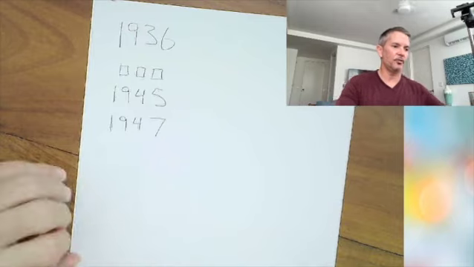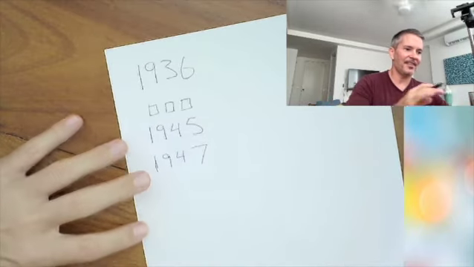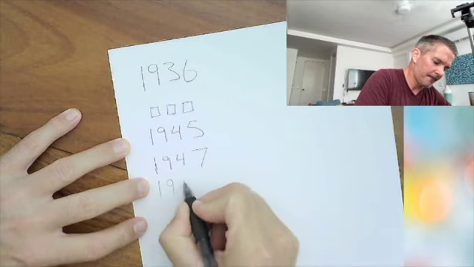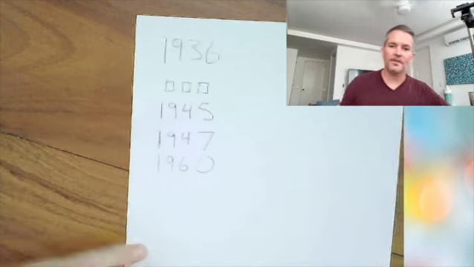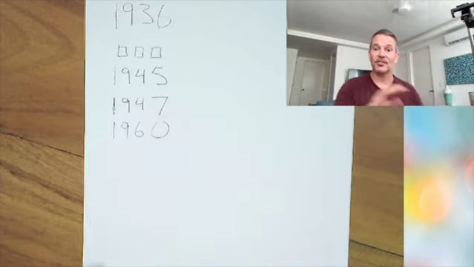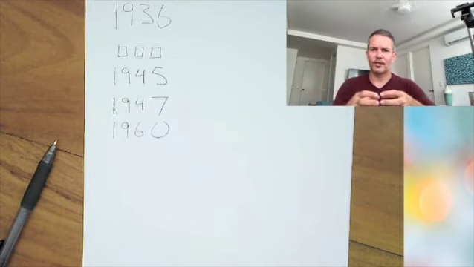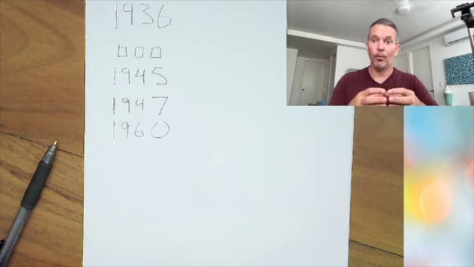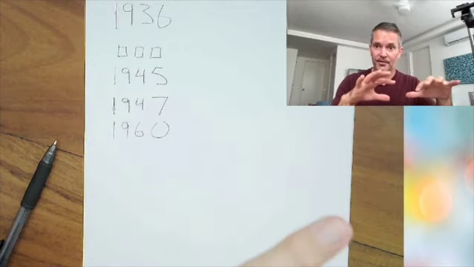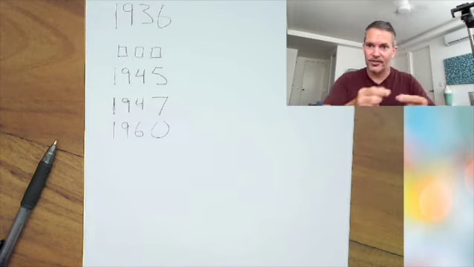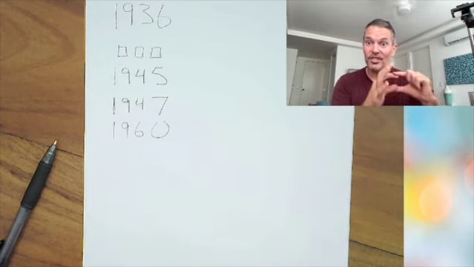So let's continue now. The next big thing that happens is in 1960. What's called the integrated circuit is invented. The integrated circuit was just a way to put an electrical circuit, a connection between a bunch of different transistors onto one chip.